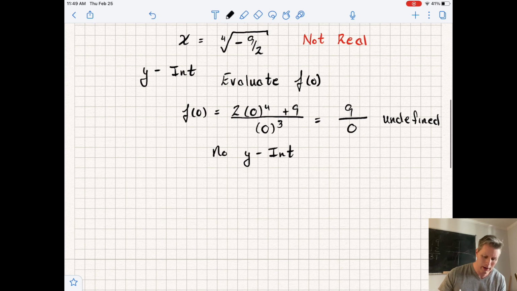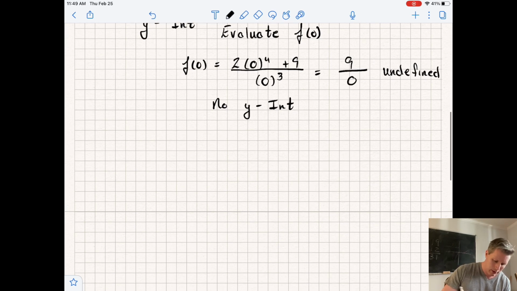The fact that I have no y-intercept is telling me that I'm going to have a vertical asymptote at the y-axis, at x equal to 0. So let me just go through finding those asymptotes. Now that we have checked for our x and y intercepts, we can move on to our asymptotes. I will check for my vertical asymptote first.